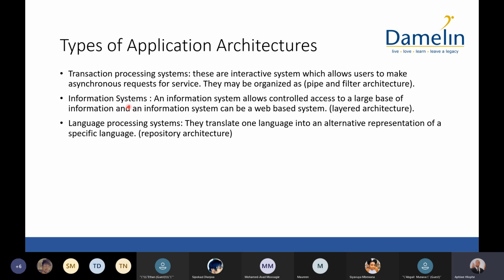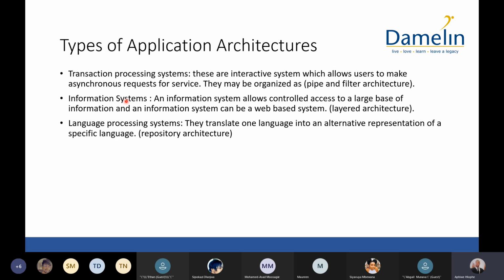And then your information systems, typical information systems use the layered architecture. The reason for this is because when you have an information system, you want the data to be consumed using different devices. This could be mobile devices, desktops, or tablets, or whatever, laptops. So you want the data to be consumed using different devices.